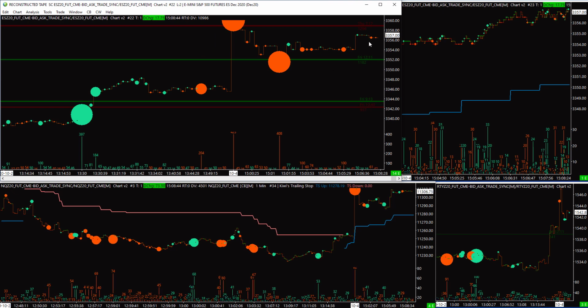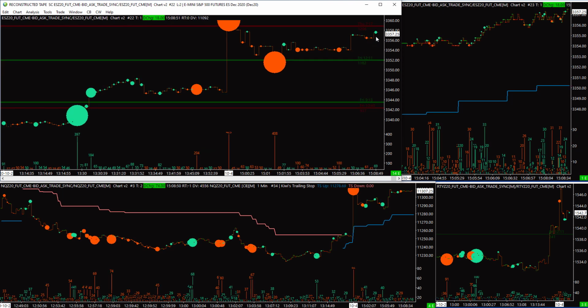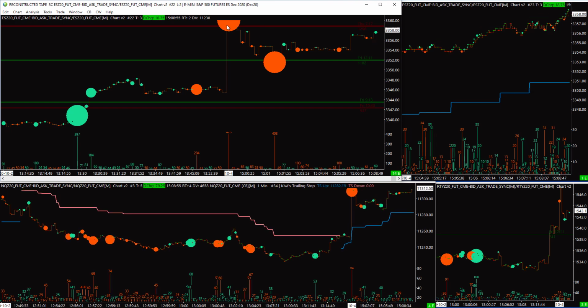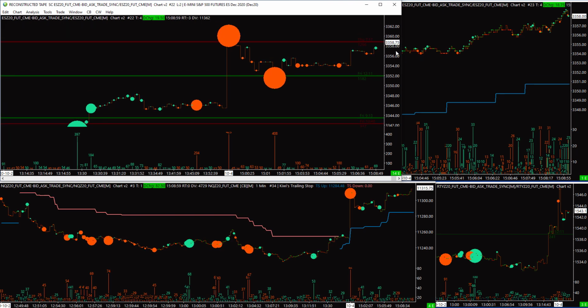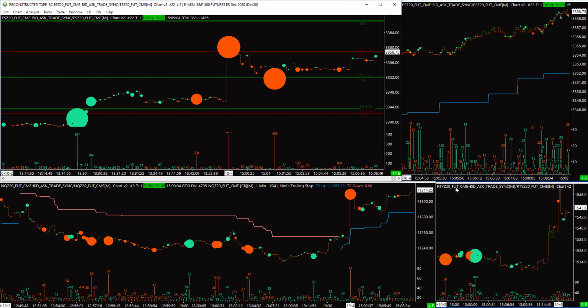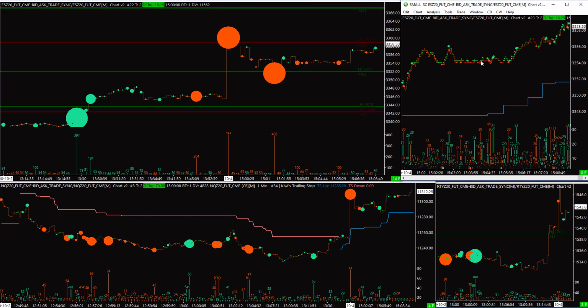So just going back to this, it'd be great to see some sellers stepping in. We're seeing some sellers, but it looks like buyers are just pushing them now. And potentially, if we get above the high, or like the open, essentially right here, we could start seeing a short squeeze. We saw the iceberg order, and then sellers couldn't push it any further down.